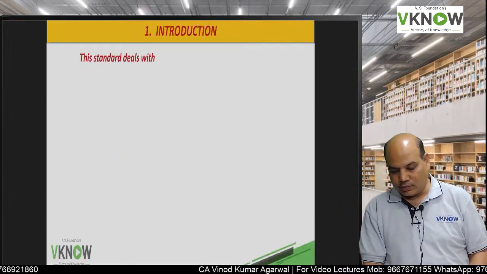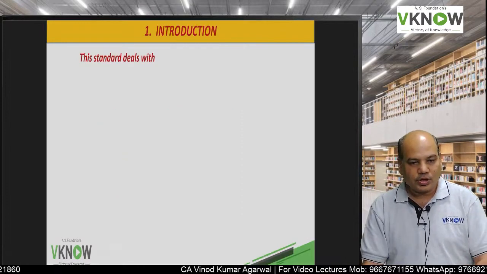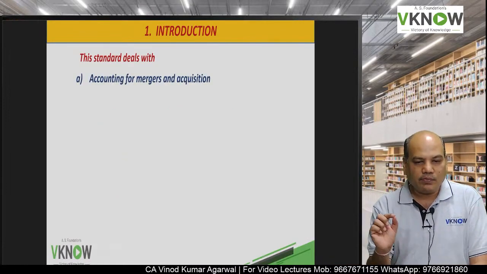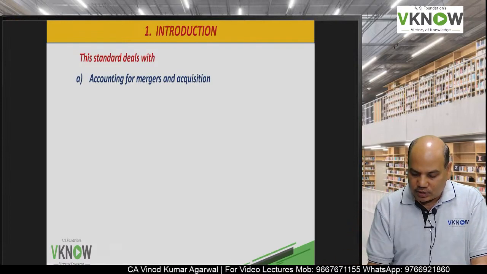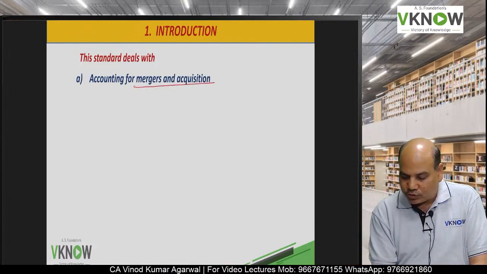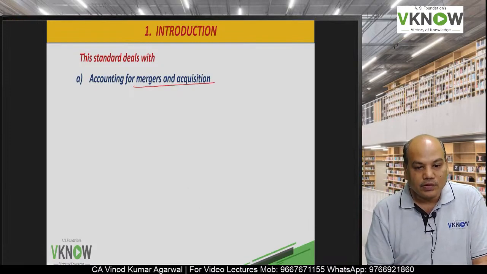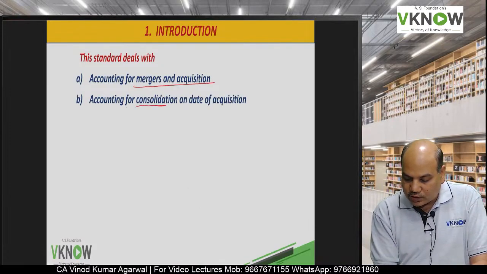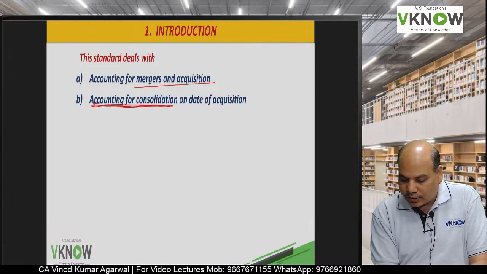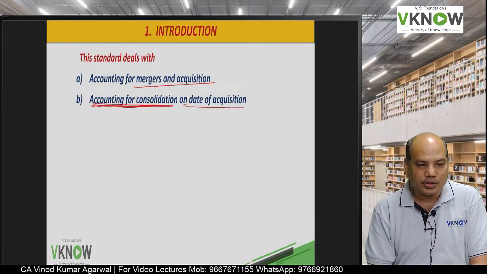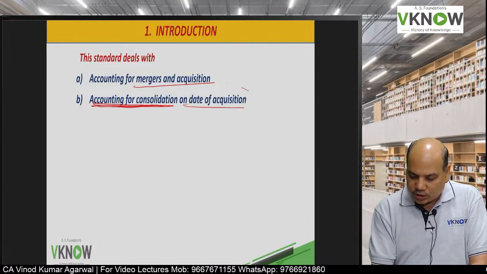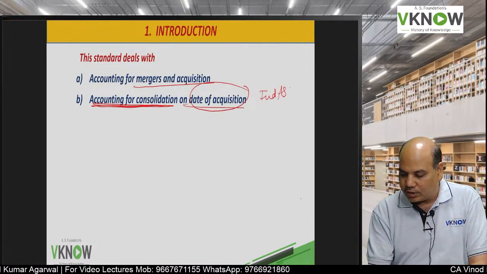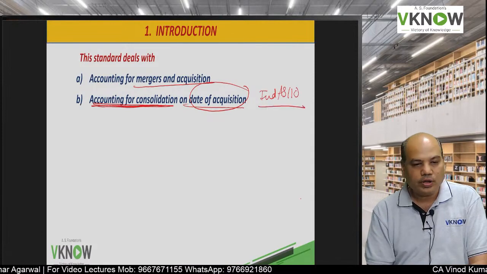So first we will start with the introduction of business combination. This is a very wide standard. It covers many aspects of business combination. It covers mergers and acquisition. It also covers accounting for consolidation on the date of acquisition. What about subsequent accounting? The subsequent accounting will be taken care of by IND AS 110.